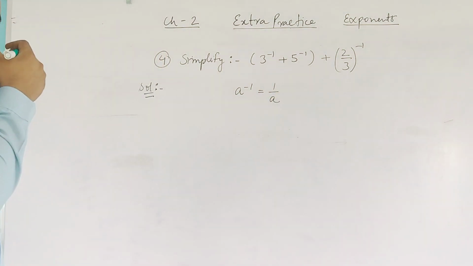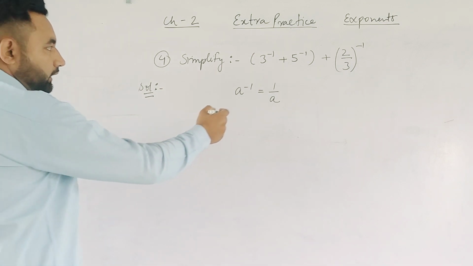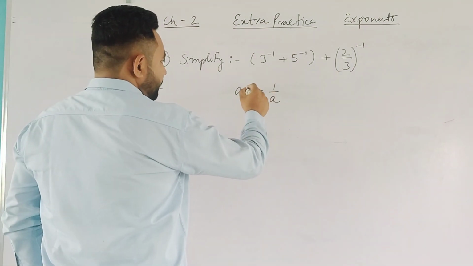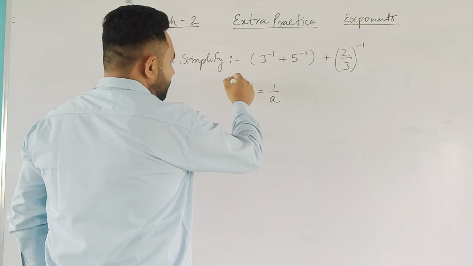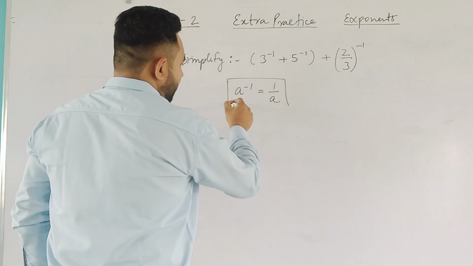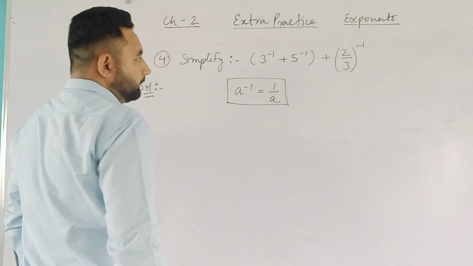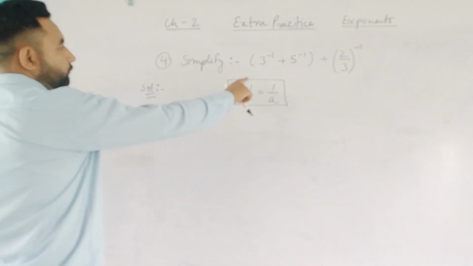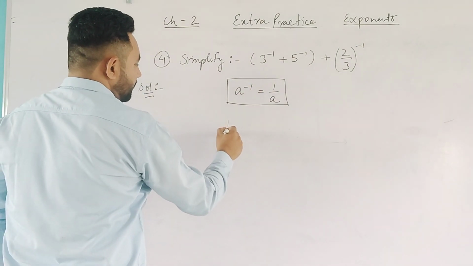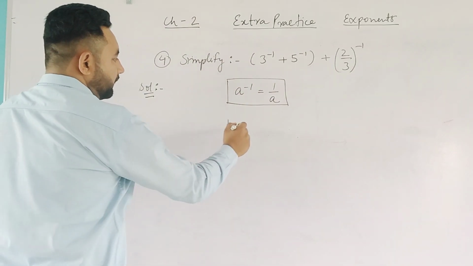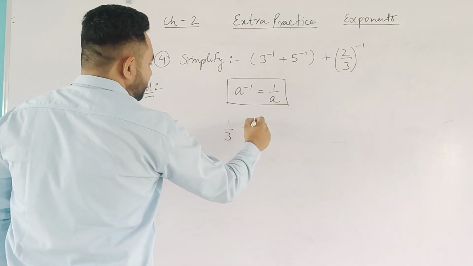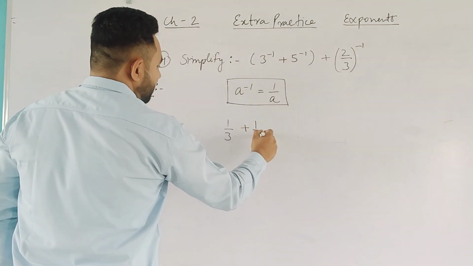This negative sign will get removed. So 3 to the power minus 1 will become 1 by 3. Plus 5 to the power minus 1 will become 1 by 5.